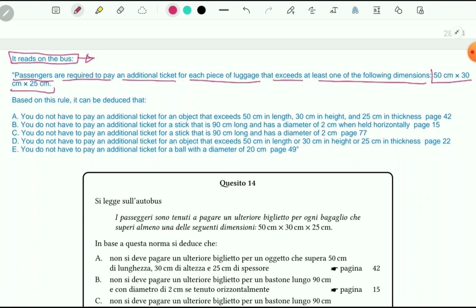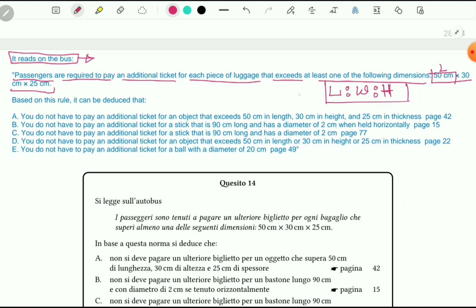According to the international packaging system, the first dimension means length, the second represents width, and the third is height or thickness. So length is 50 centimeters, width is 30 centimeters, height is 25 centimeters.